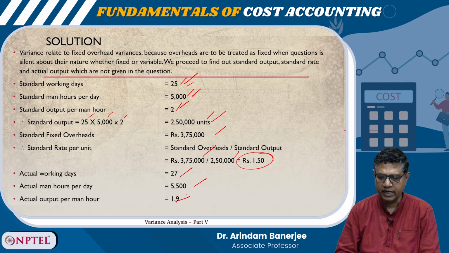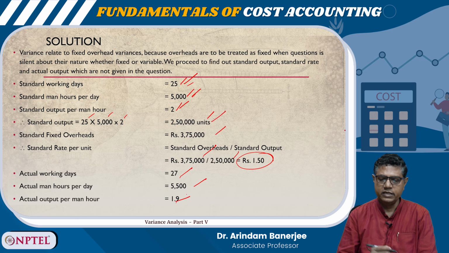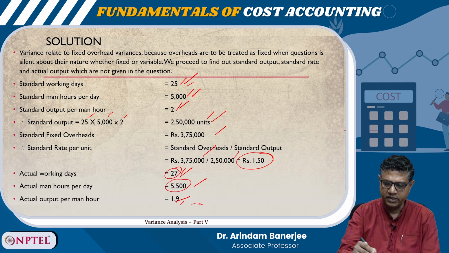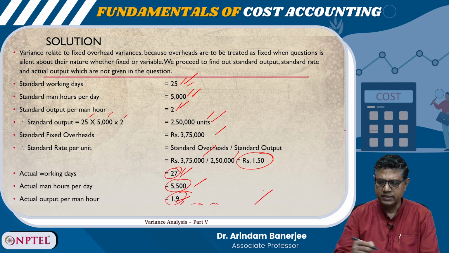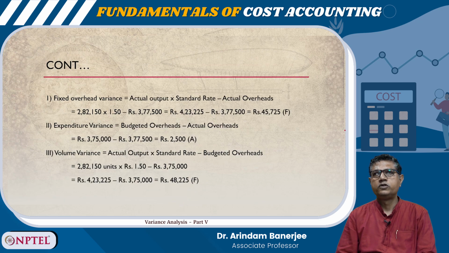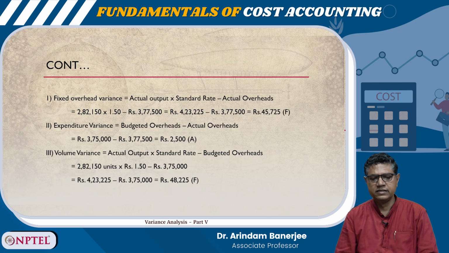So, actual output is 27 from here into 5500 from here into 1.9 from here. So, if we calculate, it is 282150 units, right. So, we can calculate the variances now.